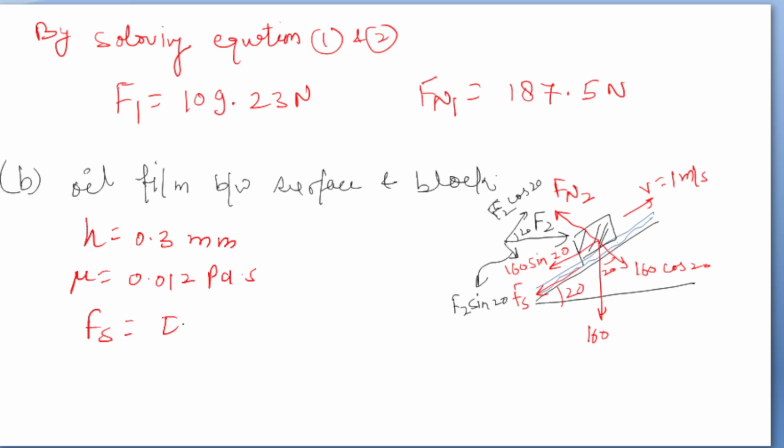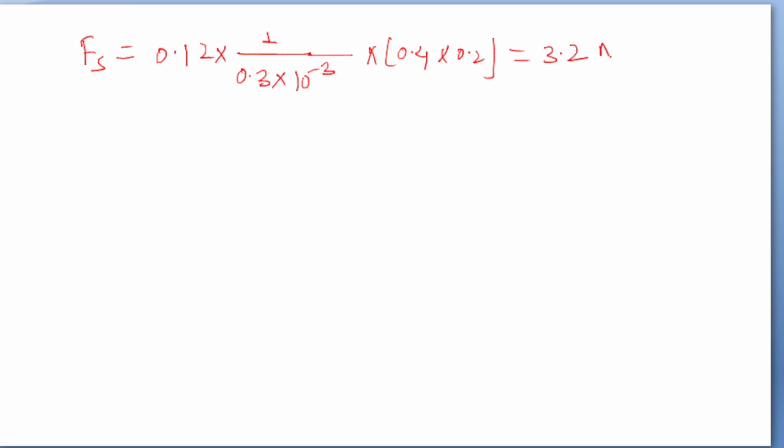The shear force is the shear stress into area, so mu times V by H times area. Considering a linear profile between the block and the surface, due to the very thin layer, the shear force is 0.012 times velocity 1 meter per second, divided by the film thickness 0.3 into 10 to the power minus 3, times area 0.4 into 0.2. This comes out to be 3.2 Newton.